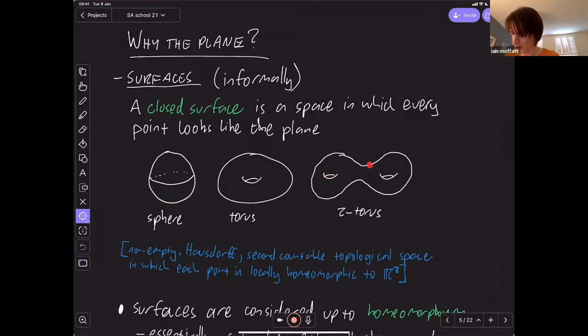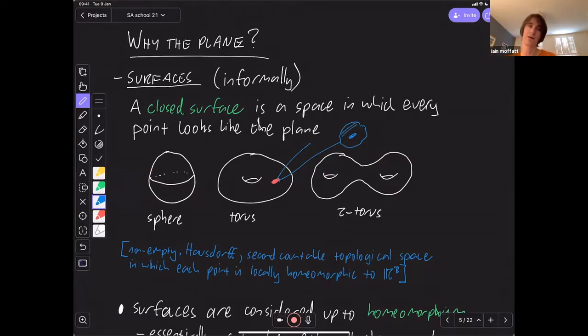And the point is, this local condition means that if I focus in on one point, then when I zoom in, my area looks like a flat disk, or it looks like a copy of R2. So it locally looks like R2. Okay.